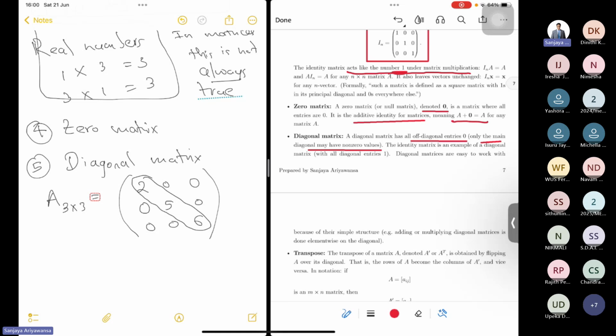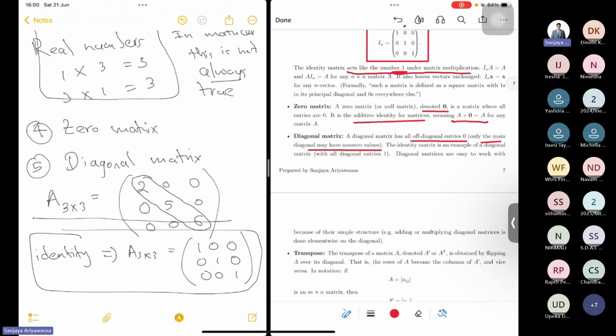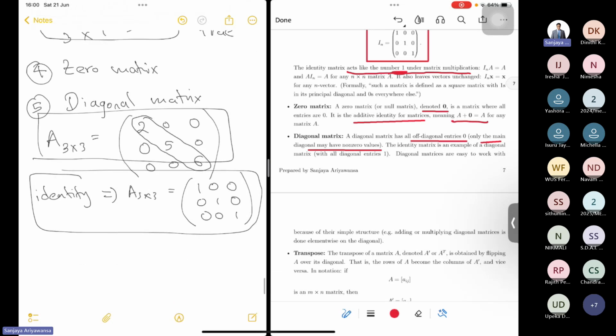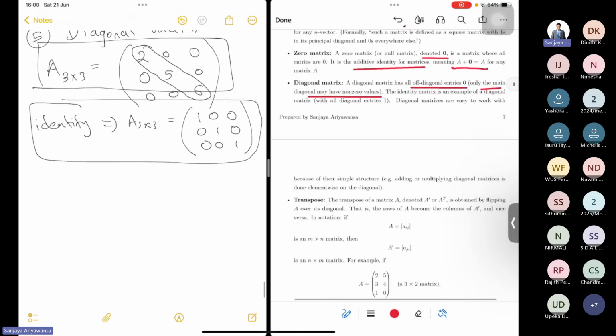But this is not an identity matrix. Why? Because in an identity matrix, the main diagonal would always have the element 1. This is an identity matrix. This is a diagonal matrix. So you have to know the difference between the two, where you can make a small mistake.